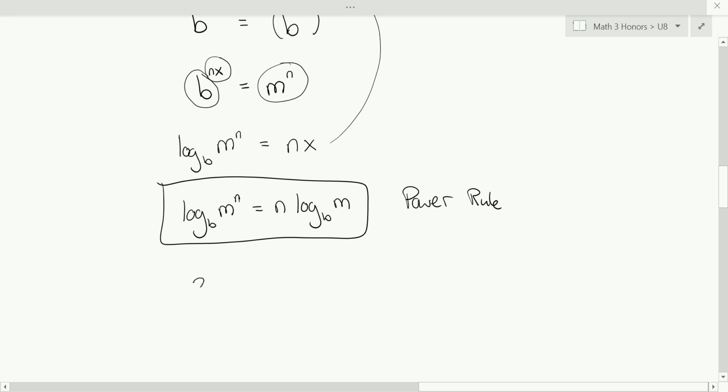So if I have 3 times the natural log of x, I have a number in front of the log. I can take that number and make it the power of x here and write natural log of x cubed. And that would be equivalent. And that's going to be helpful to us when we start solving with logs.